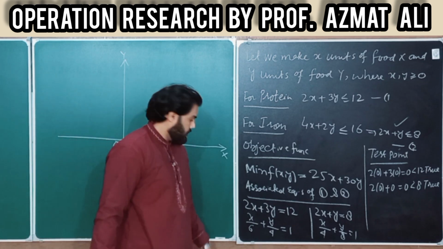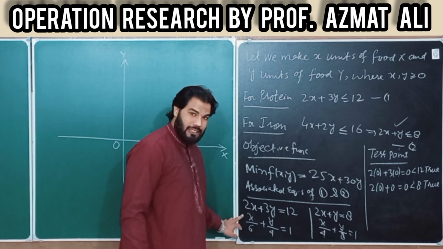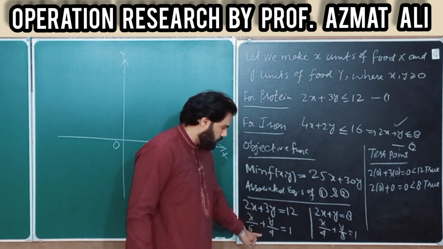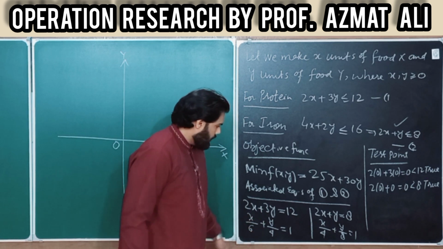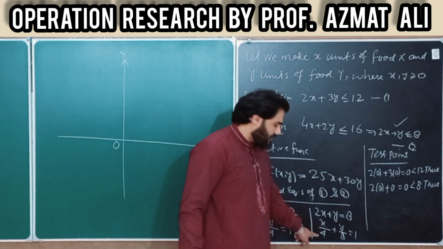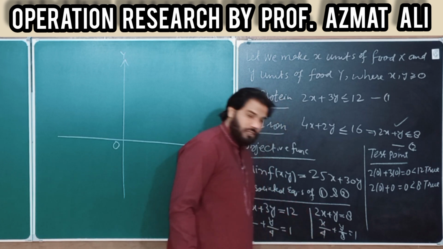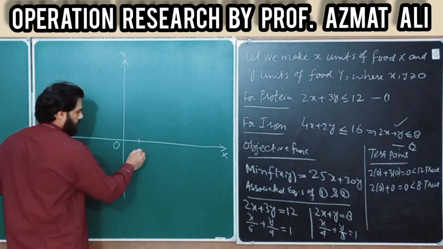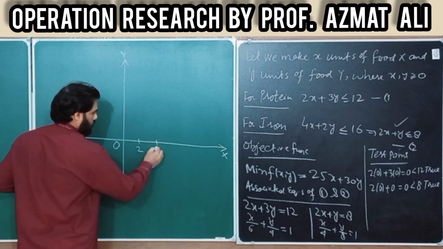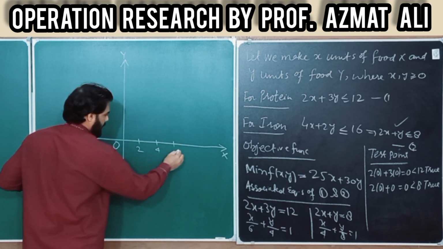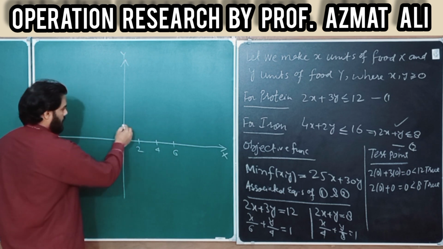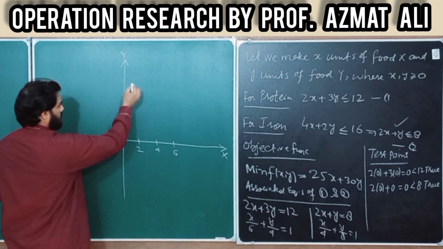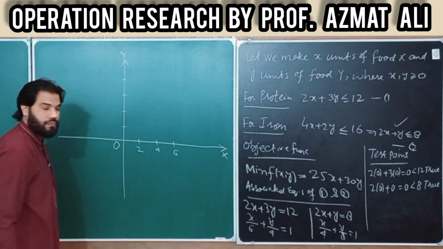In the first equation, our x-intercept is 6 and y-intercept is 4, and in the second, our x-intercept is 4 and y-intercept is 8. Suppose this is x equal to 2, x equal to 4, x equal to 6. This is y equal to 2, y equal to 4, y equal to 6, y equal to 8.